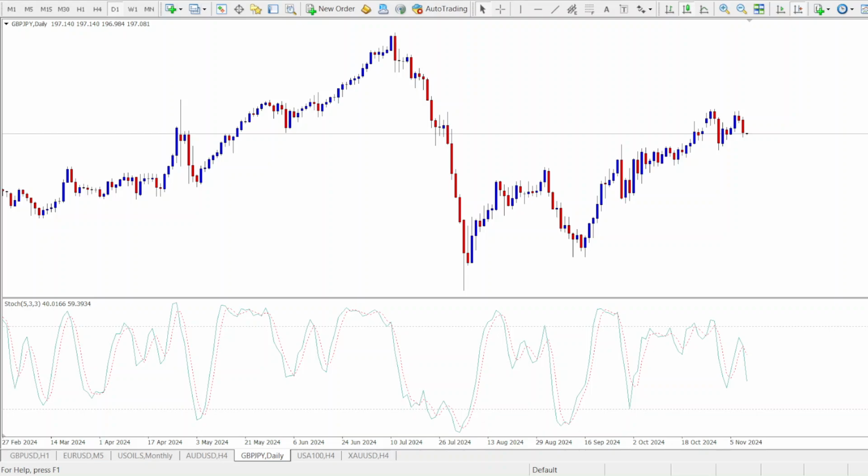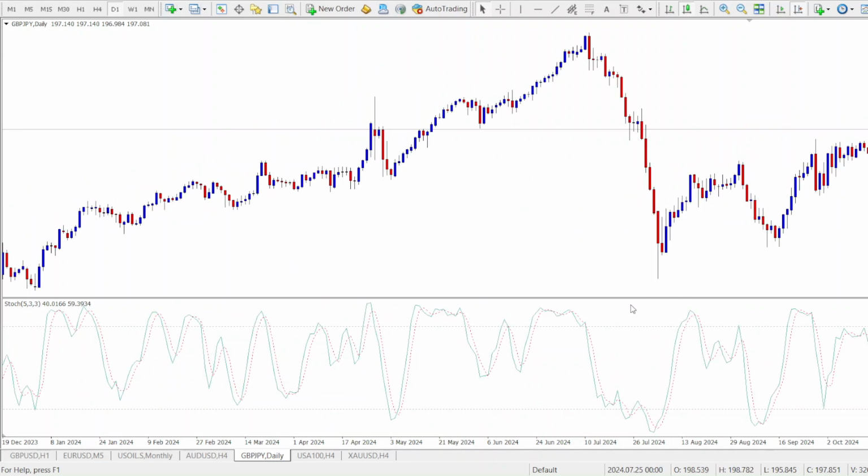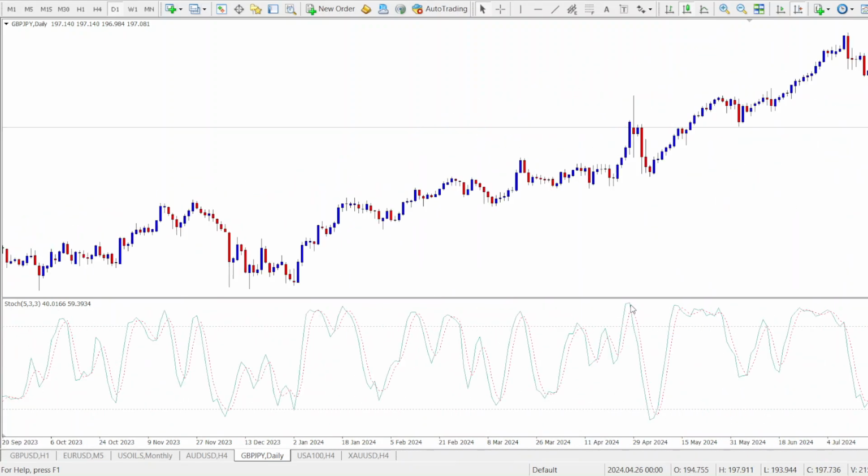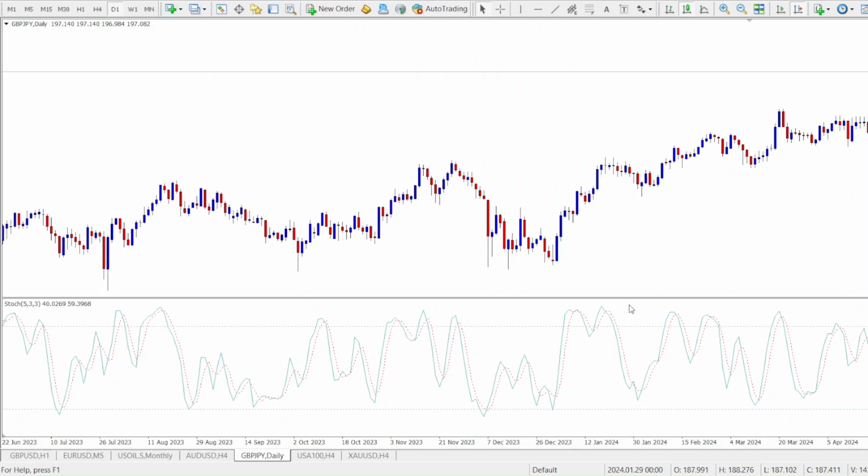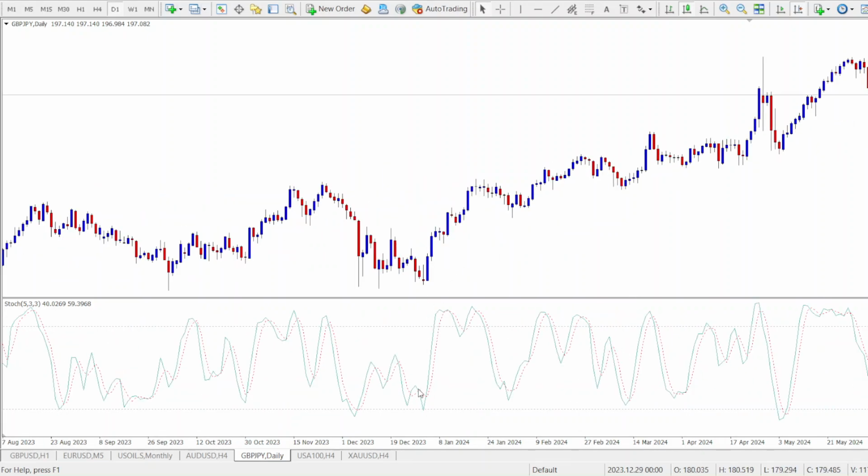Okay, so now let us just briefly look at a good example. We're just going to be looking at both a buy example and a sell example. So we can see a buy example here. We had a bullish crossover as the stochastic was just coming out. The stochastic touched the oversold territory just for a bit, and then we had a bullish crossover.